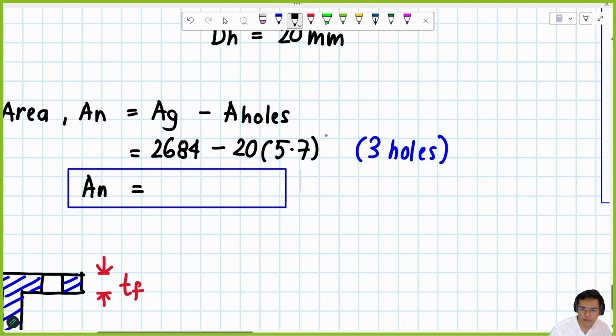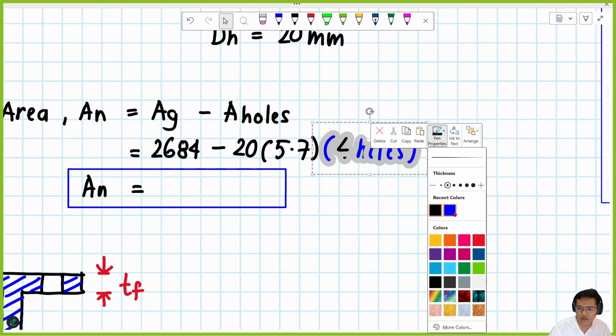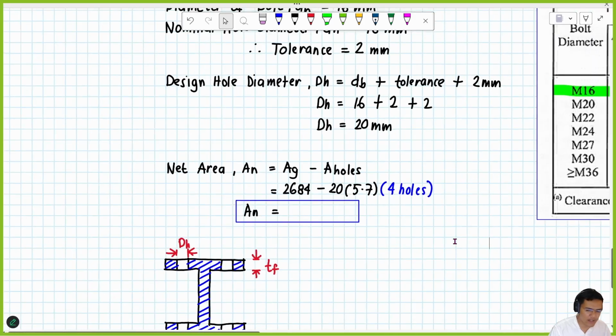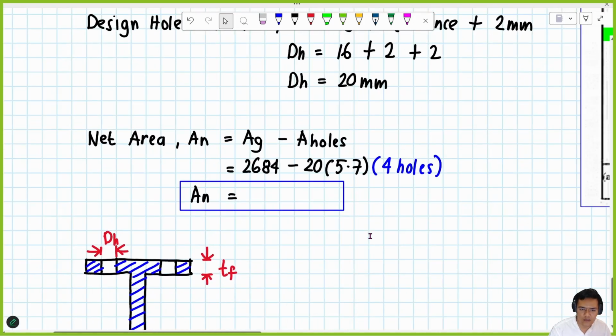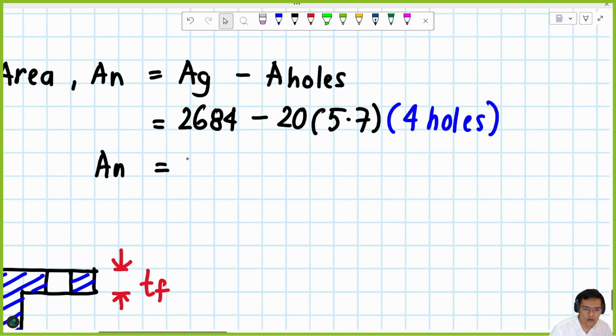And then we have 4 number of holes. So, we would have our area net. How much is our area net? 2,228. Is this exact? Yes. Okay, sige.